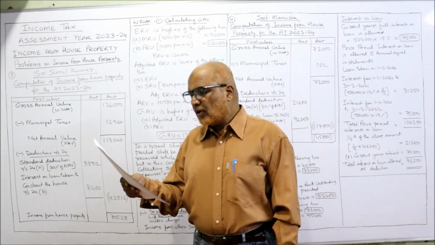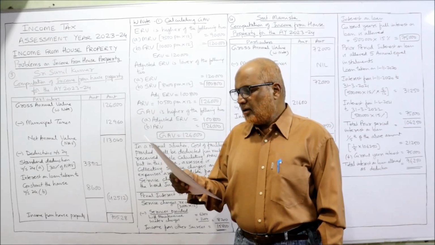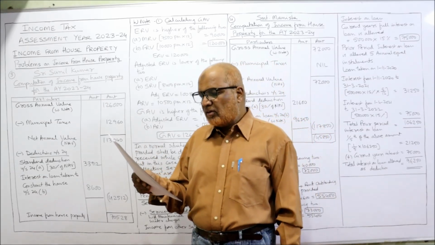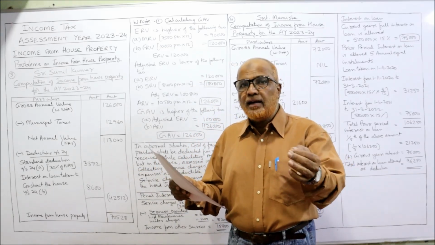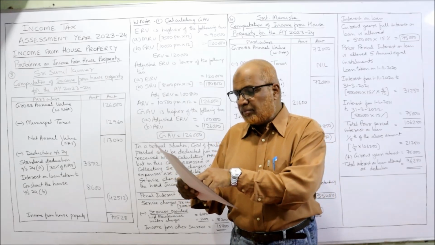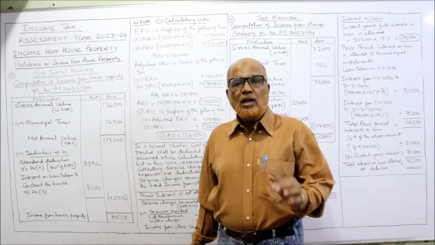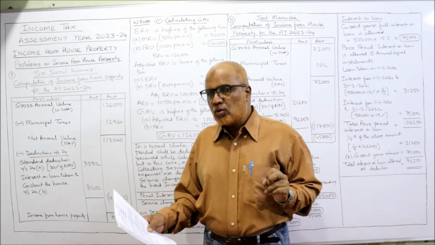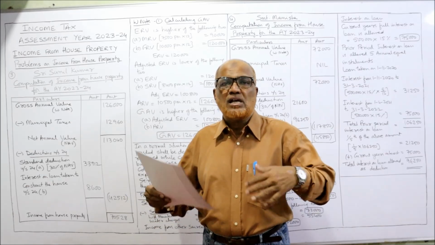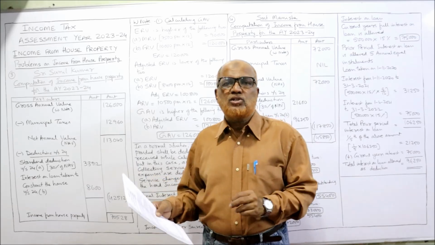The owner incurs the following expenses: local taxes, meaning municipal taxes, and lift maintenance 6,200, water charges 2,000. That means the owner is providing the service. Now in this case, the owner is charging 2,000 rupees per month from the tenant for providing services, and the services provided are lift maintenance and water charges.